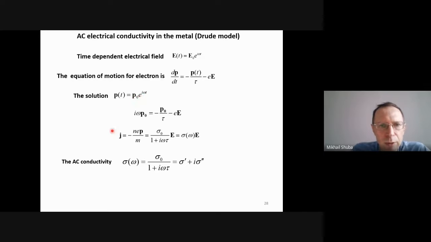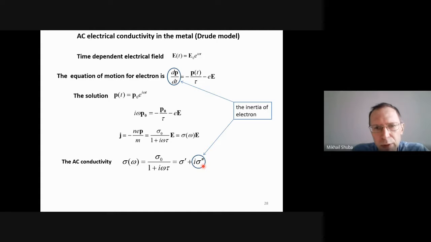As a result, we arrive at the current where the conductivity has a complex form, and the imaginary part of the conductivity is a result of electron inertia. So, namely, this part of the conductivity is responsible for the surface wave propagation in a metallic carbon nanotube.